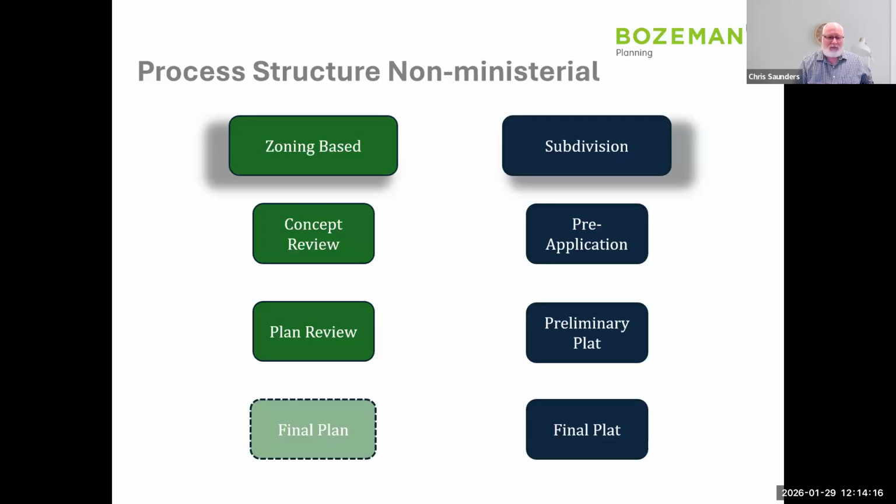Both of them start off with a high-level, non-binding review, in this case called a concept or pre-application, depending on the process you're in. The idea of that review is to identify high-level issues, critical path, what's the most concerning things.